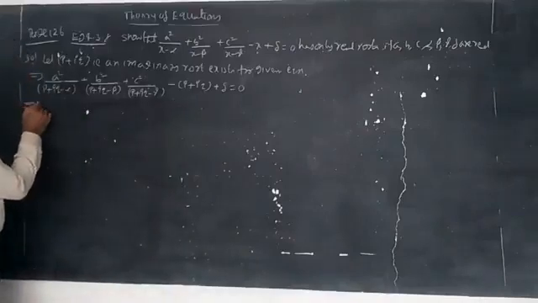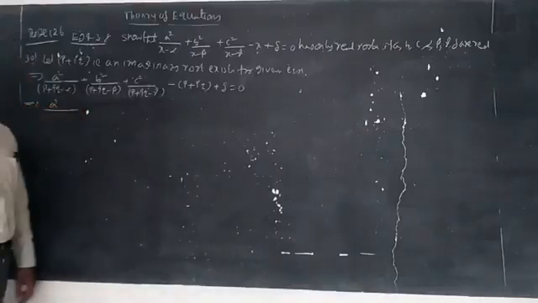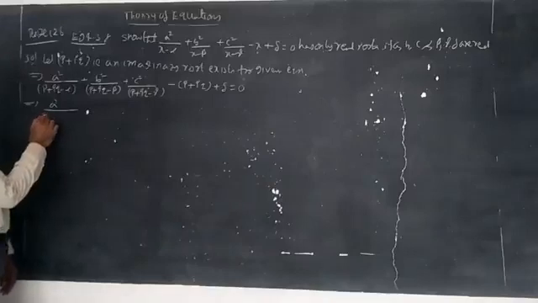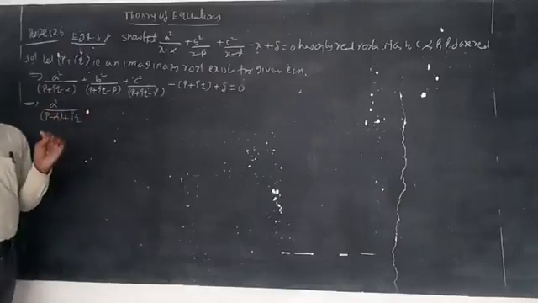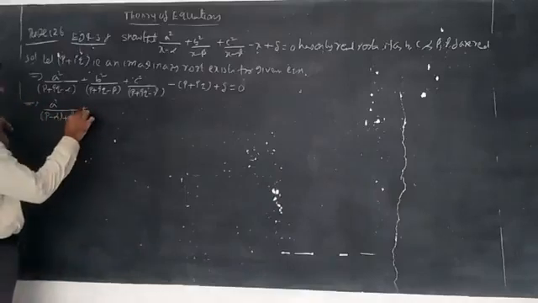That implies a square by p minus alpha plus iq, imaginary part and real part.